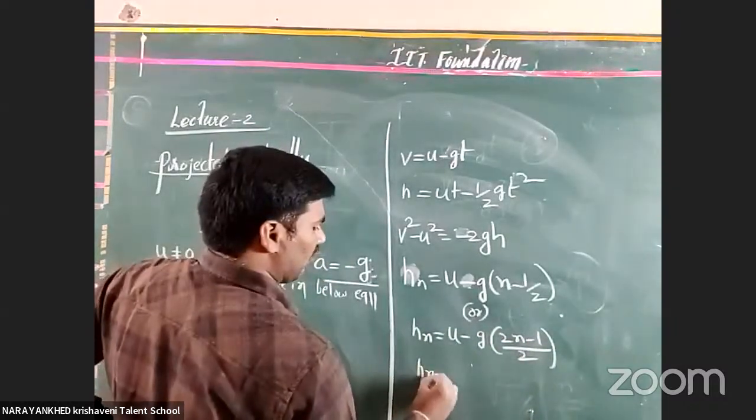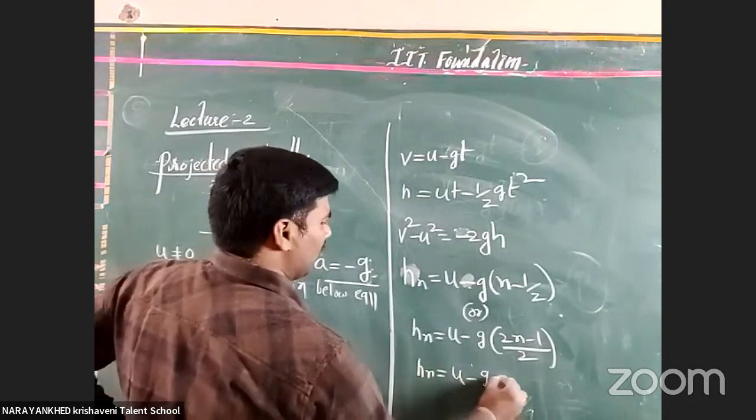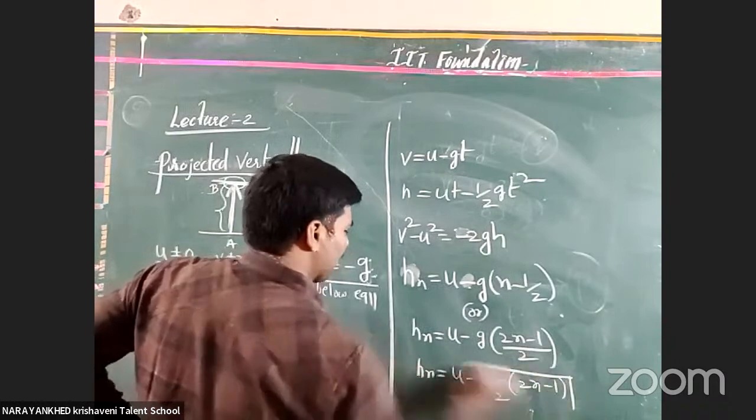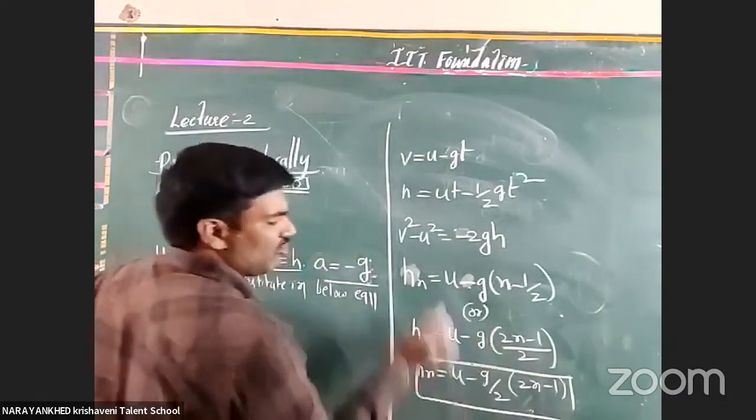It is also written as h_n is equal to u minus g into (2n minus 1) by 2. It is also written as h is equal to g by 2 into (2n minus 1). These are the same formulas, these two.